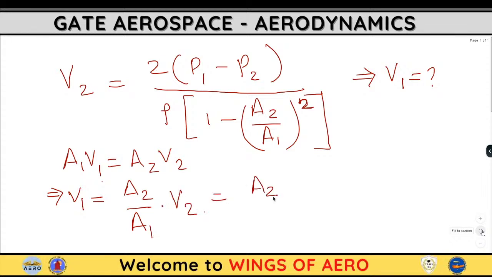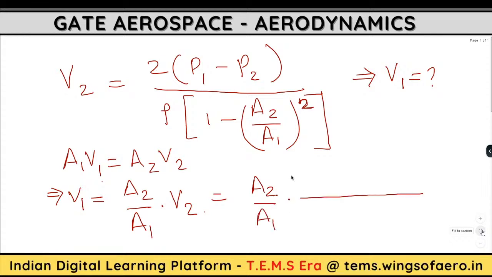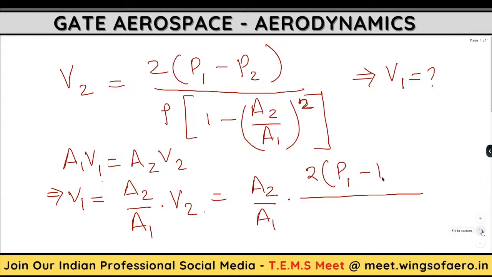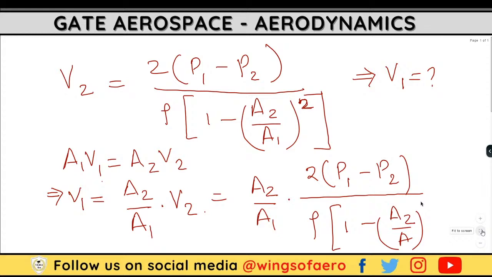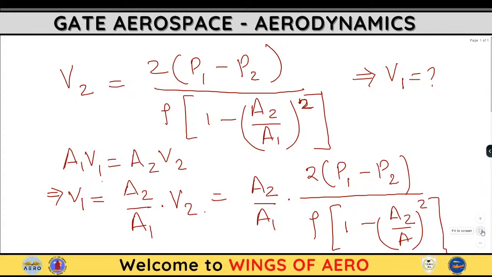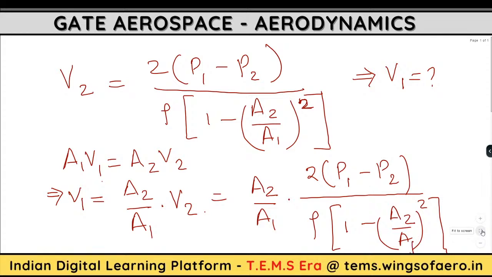V2 is twice of (P1 minus P2) by rho, into 1 minus A2 by A1. Can we write it like that? Can we further simplify this equation?